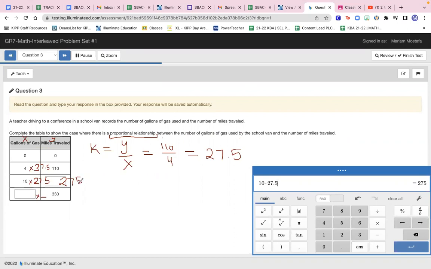Okay. Now we know that here, this is going to be something times, we know that the constant is 27.5, right? I just don't have space, but this is a certain number. It has to be times 27.5 to make this table proportional, gives me 330.